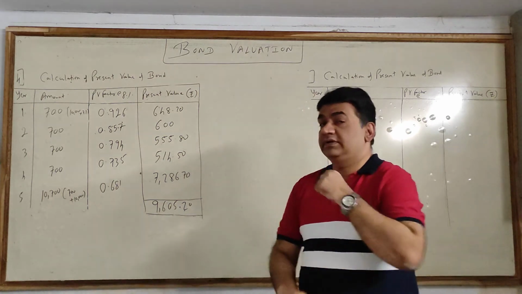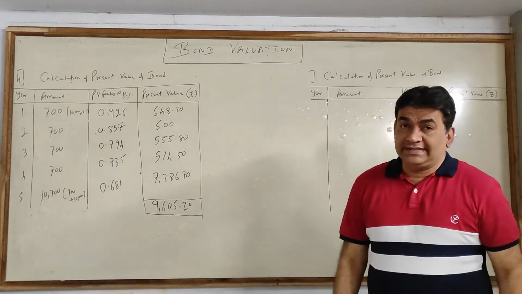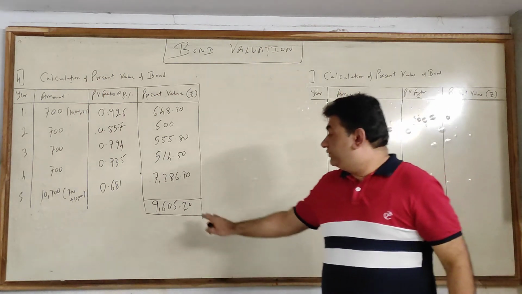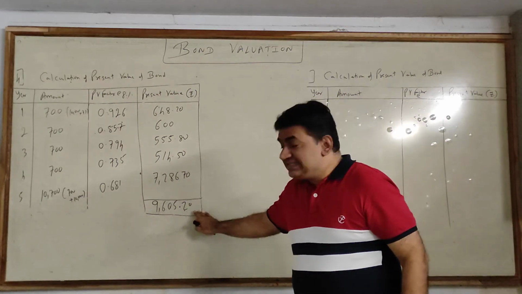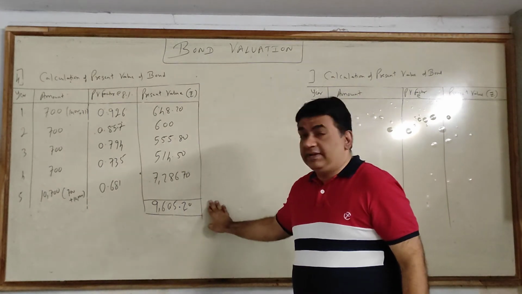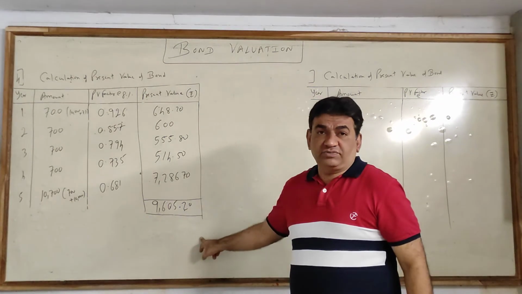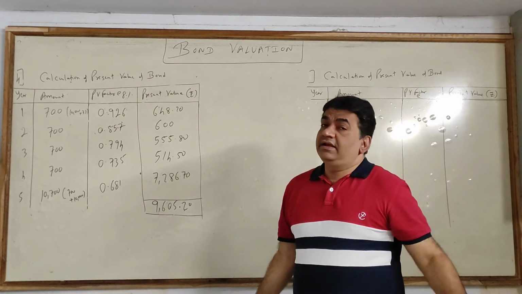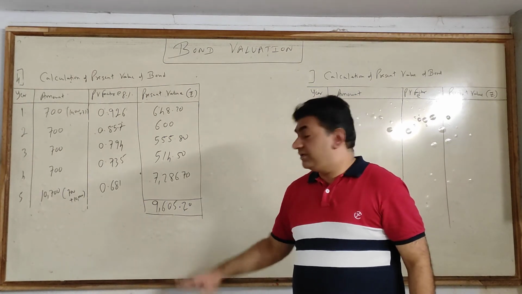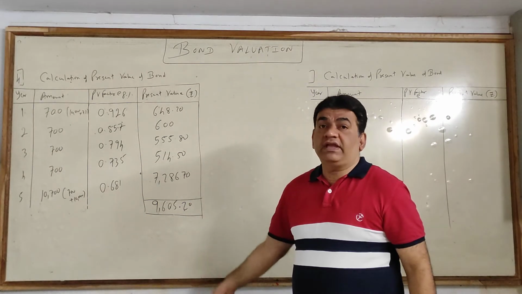Now, what I told you, if you have to conclude whether you should buy or not, compare the market value with this. This is the fair value. That means if it is available at this price or lesser than this price, you should buy. In the previous sum, the market price was higher than this, so we avoided.